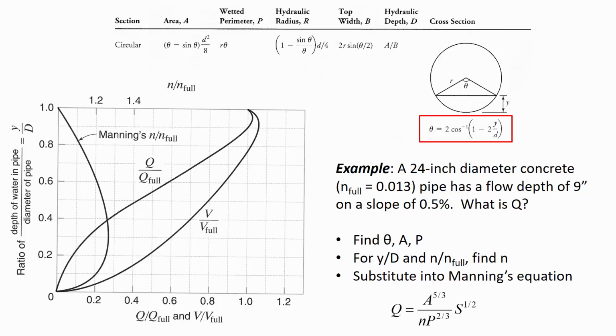That's very clearly 1.28. So what that means is that the n value should be 1.28 times n full. So what we substitute into Manning's equation is going to be 0.013 times 1.28, or whatever you read that to be.